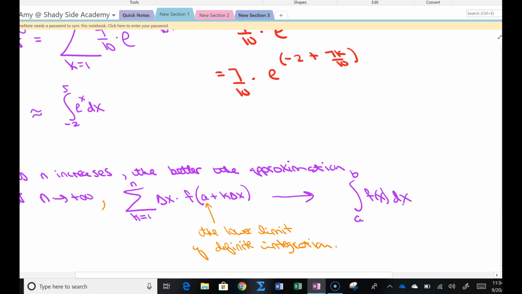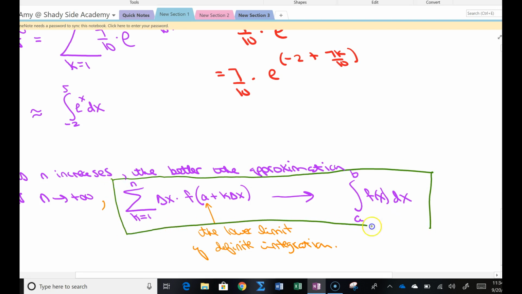What's really fascinating and sad to me is I can't tell you the number of people who can spew off this relationship right here, but don't know or completely forget what these things mean. I'll ask, what is f of a plus k delta x?